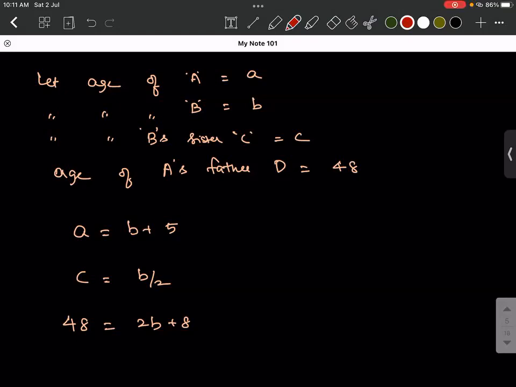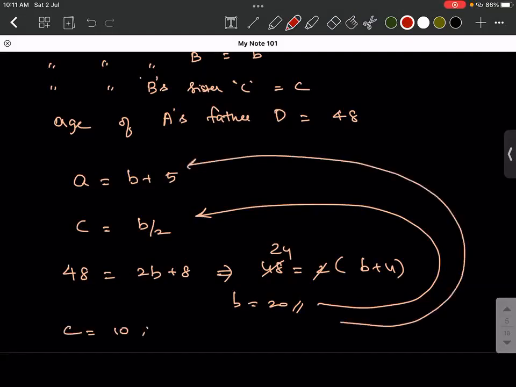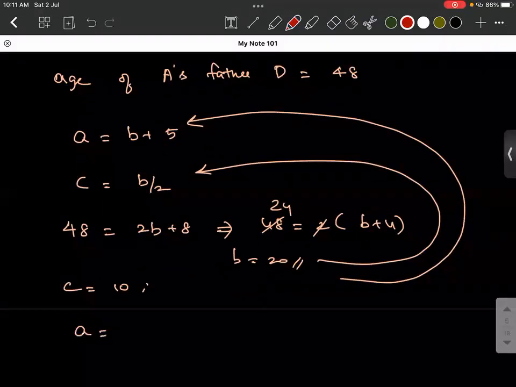So 48 is equal to 2B plus 8, which implies 48 is equal to 2 into B plus 4, 24. So B will be equal to 20. If B is 20, substitute it here. Then C will be 10. Take the same B is equal to 20 and substitute it here. A is equal to 25. So these are the ages.